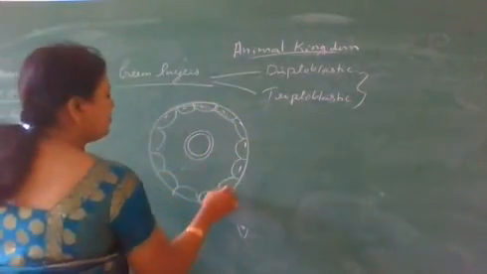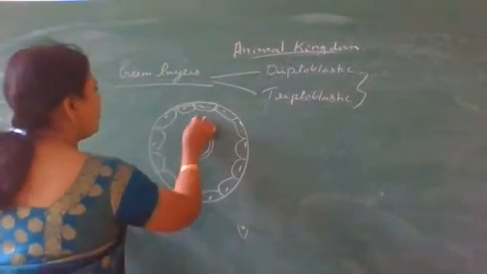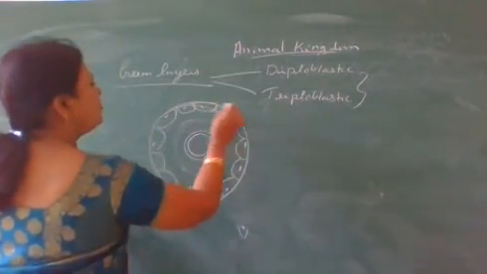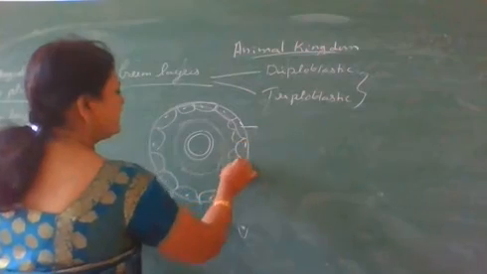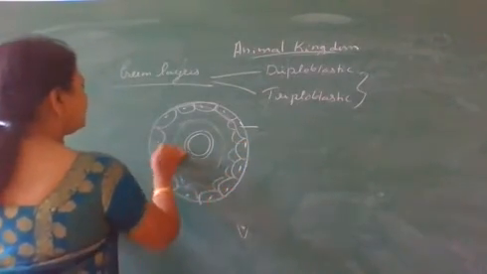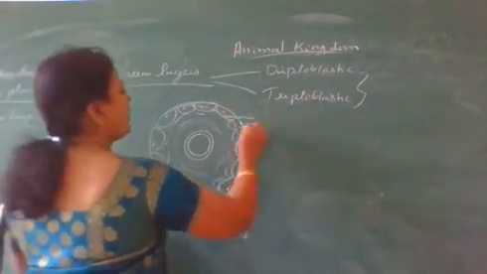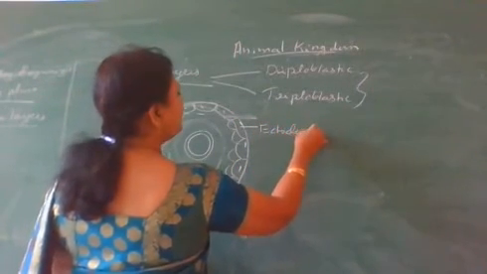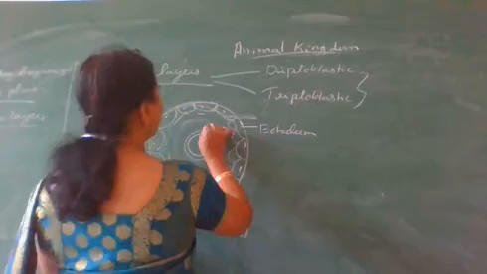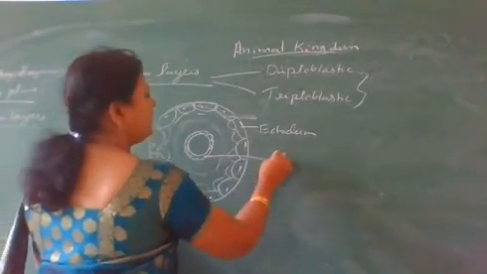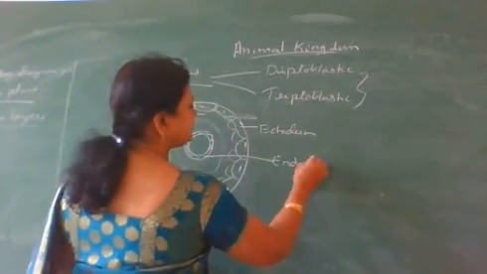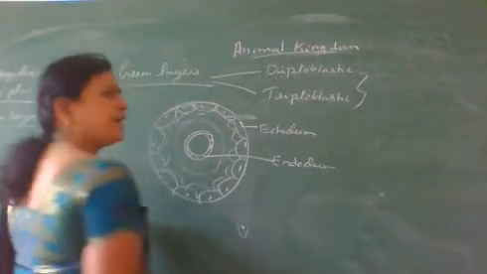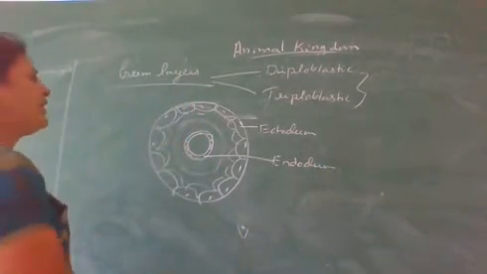How many germ layers can you observe? Only 2 germ layers, that is outer ectoderm and inner endoderm.